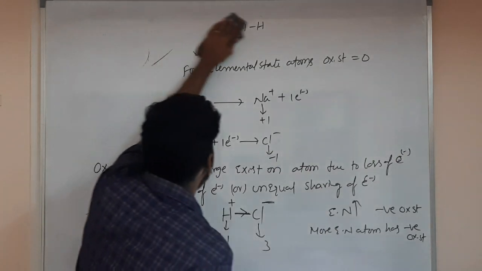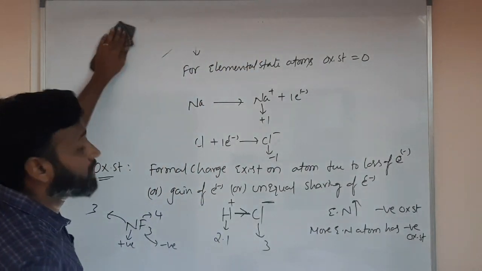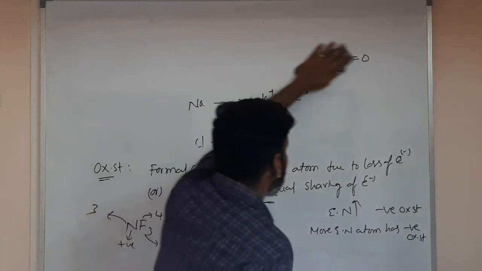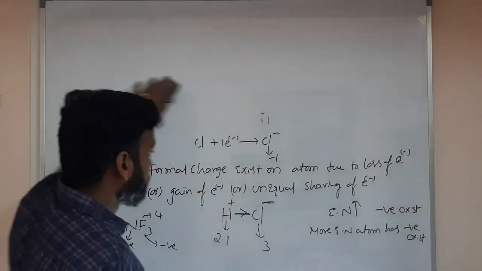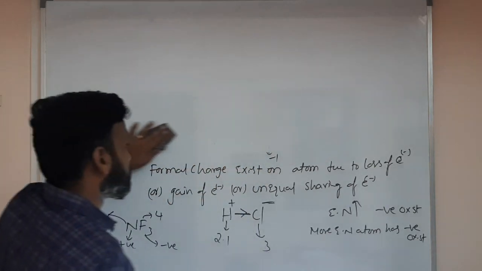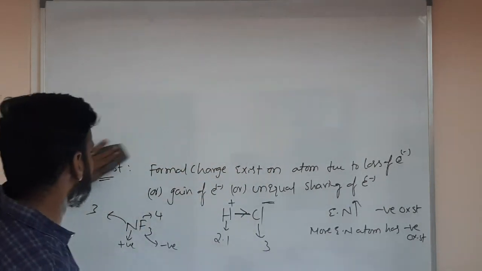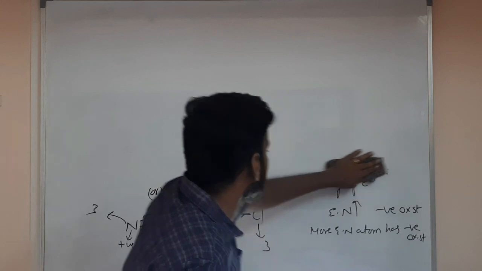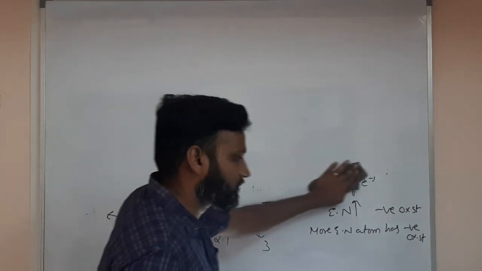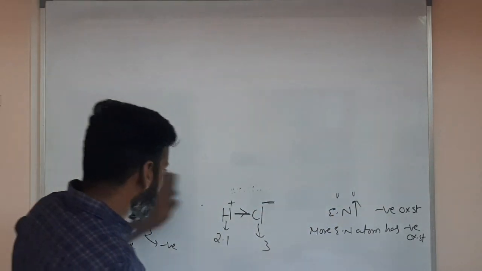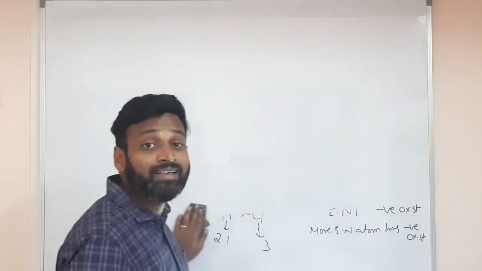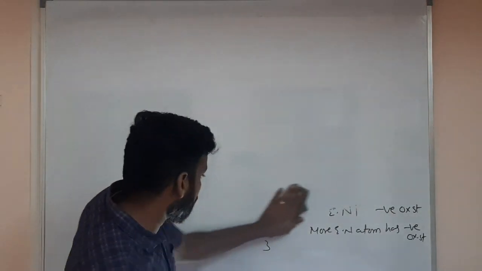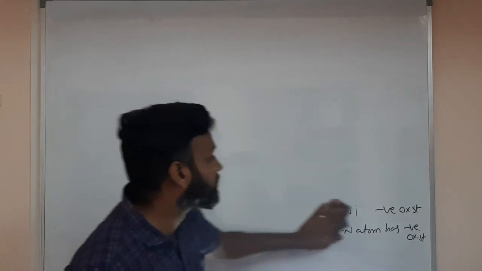And here I will give the oxidation states for each and every group in general. What is the general oxidation state of 1A group elements and 2A group elements, like that I will give you. Same story up to 4A group elements. So what I will give now is the general oxidation states of S and P block elements.